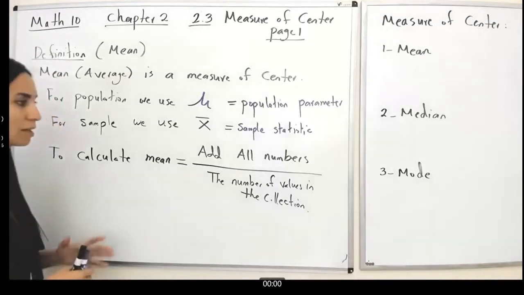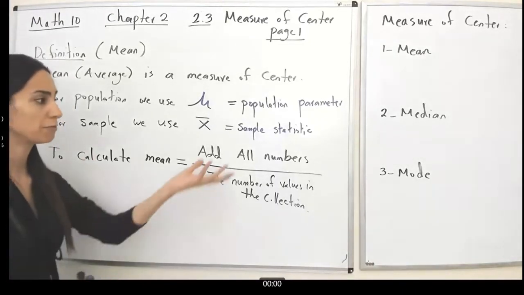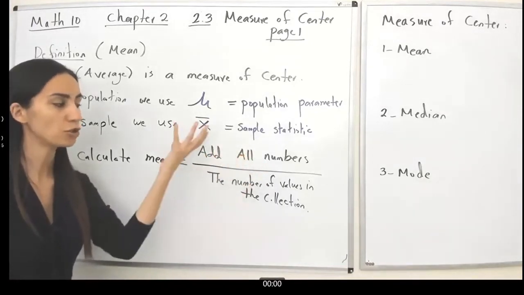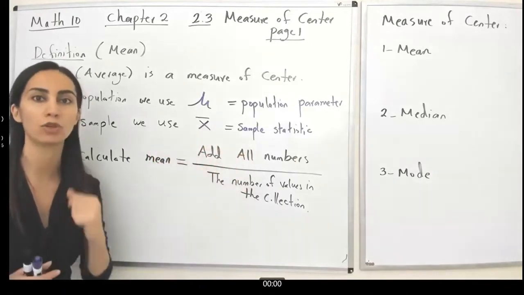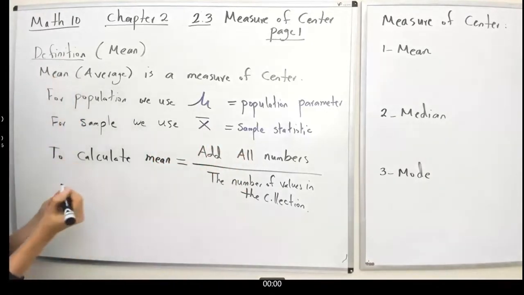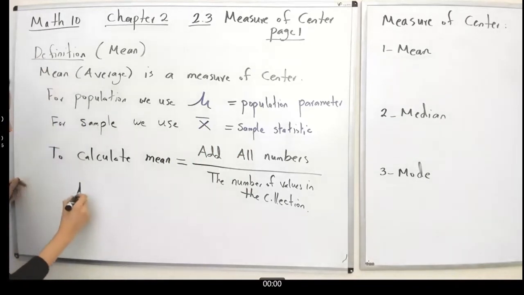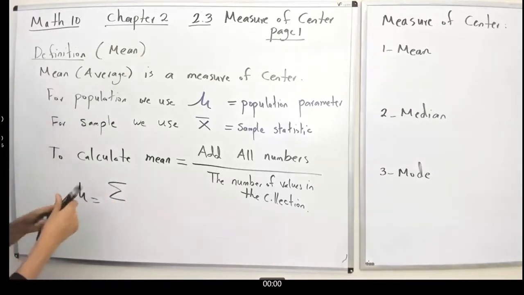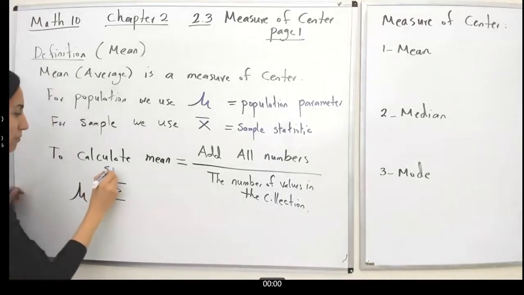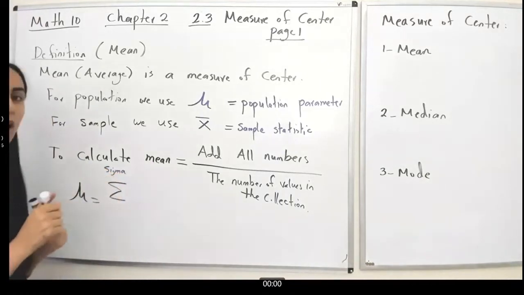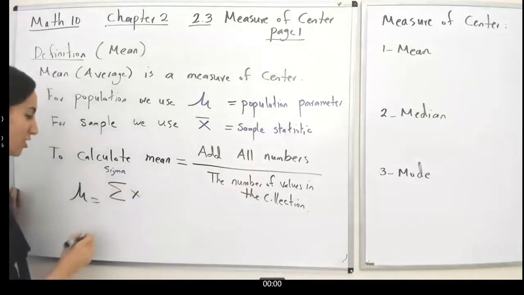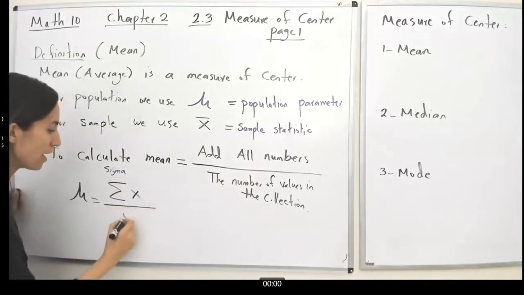So in mathematics, we feel that this is just a sentence, just words, so I'm going to convert that into mathematical notation. If I'm working with population, I write mu equals sigma, Greek letter sigma, of x values, your numbers in the collection, divided by n.